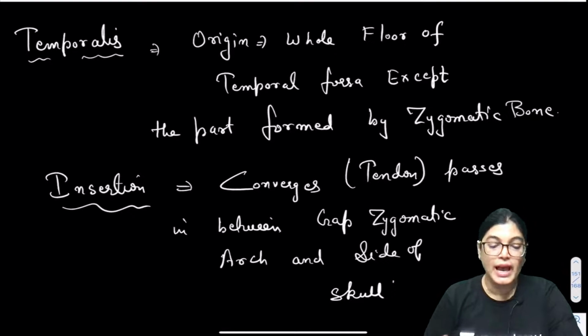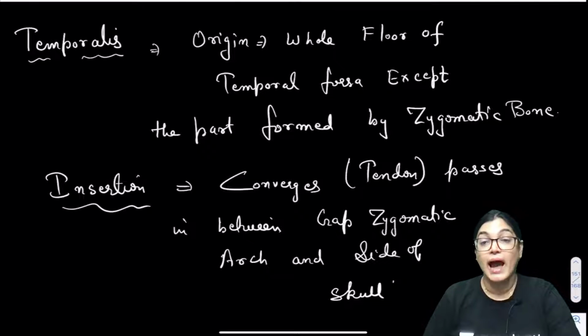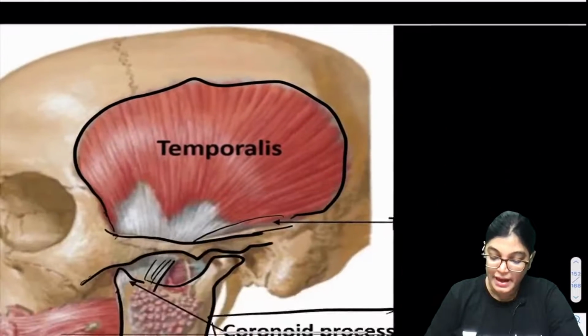So it is converging, and thereafter it will pass lower down and get attached to the medial apex and the anterior border of coronoid process of the mandible, which we have seen in this diagram also.